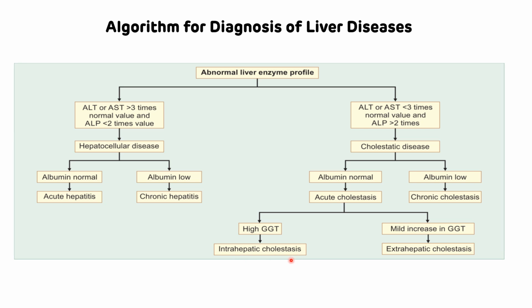If the gamma glutamyl transferase increase is mild, then it is suggestive of extrahepatic cholestasis. And if the albumin level is low, then it is suggestive of chronic cholestasis. So this is the algorithm for the diagnosis of various liver diseases based on liver enzyme profile.